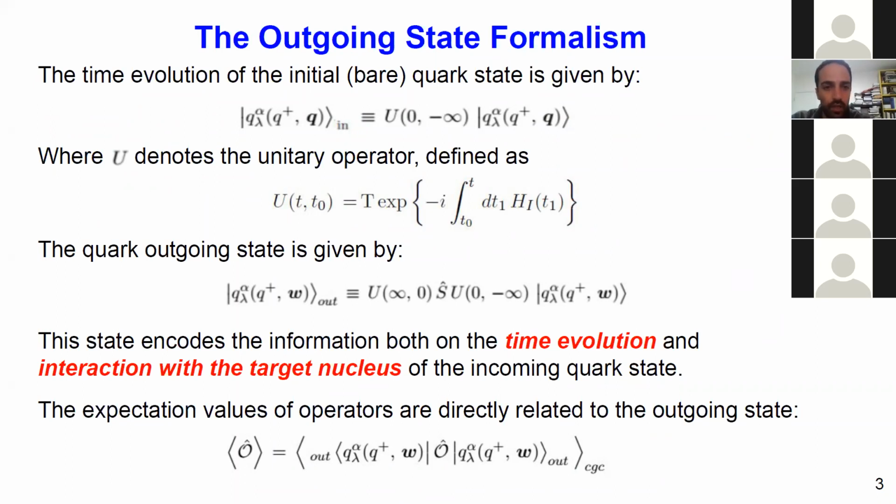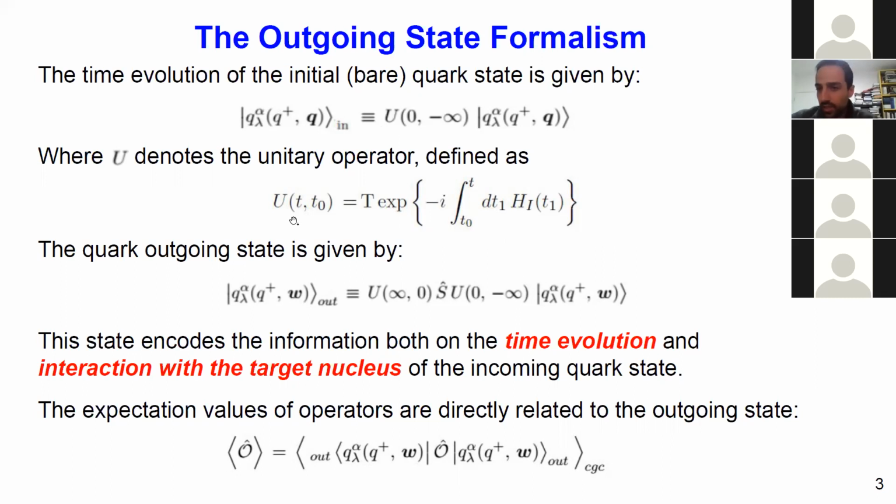If we were just interested in the time evolution of an incoming quantum state, we know how to do that. This is very simple. We just have to act with the unitary time evolution operator, which is dictated by the Schrödinger equation. This is the following unitary operator, which you can see here.